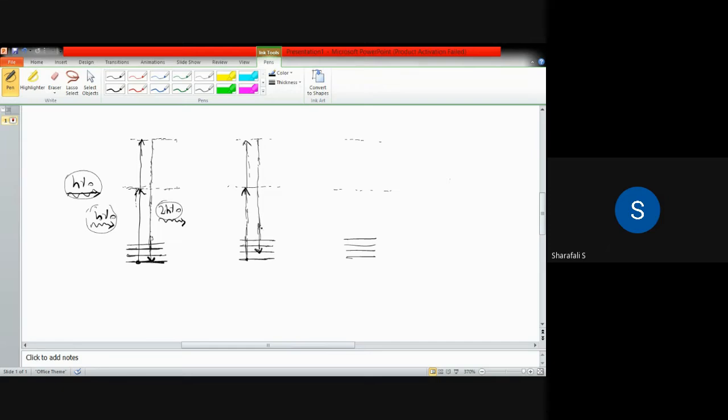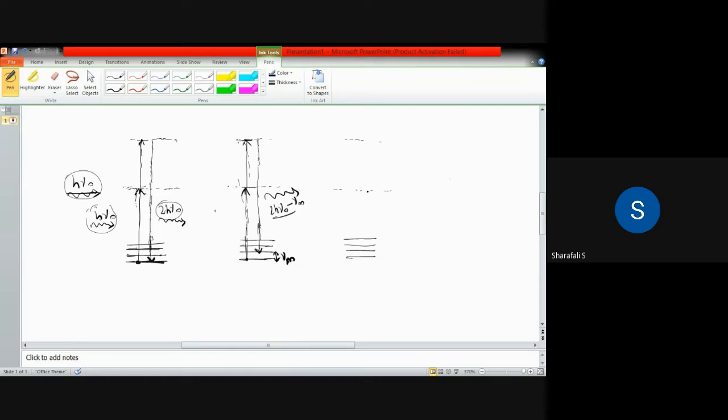In that case, it is absorbing 2 photons and reaching this excited level. So this process will take 2 h nu 0 energy. So when it comes back, it will have an energy of 2 h nu 0 minus mu, where mu is the energy separation between these energy levels. So 2 h nu 0 minus mu is the radiation which will be emitted. Okay, so the frequency or the energy is reduced, and this corresponds to the Stokes line.